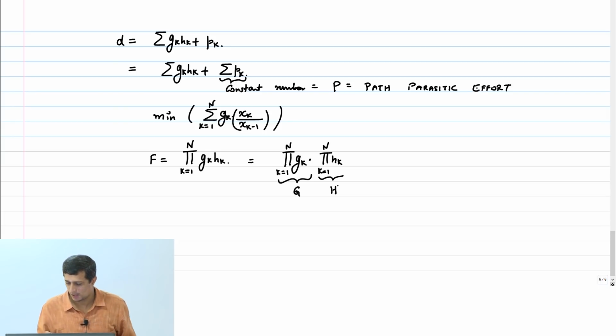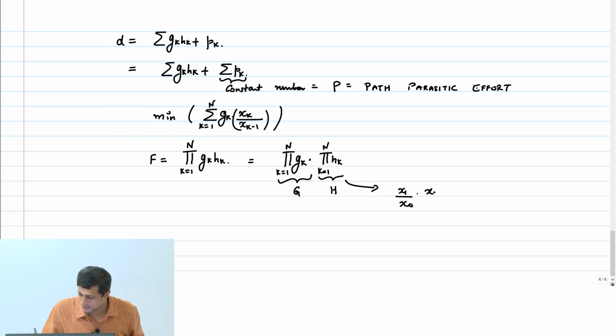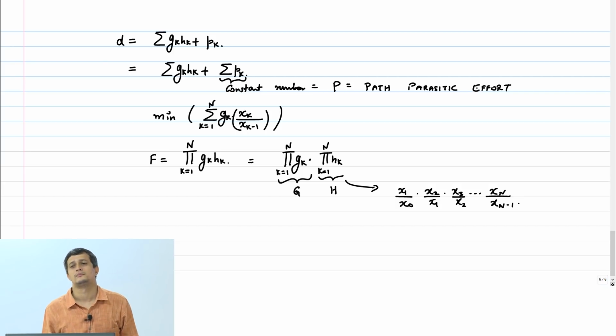What is the path electrical effort? If you expand this and write it, it will simply become x1 by x0 into x2 by x1 into x3 by x2 and so on up to xn by xn minus 1. So what happens? All the variables simply cancel out and you are only left with the ratio of output load capacitance to input capacitance of that path.